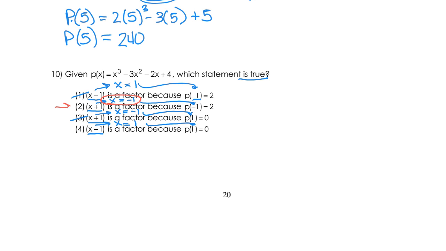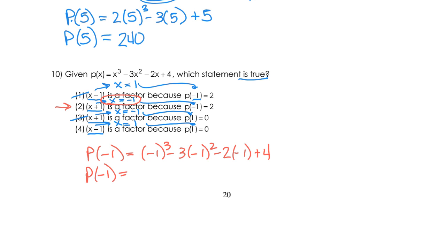So I'm going to check choice 2 first. So if I plug in -1, and I type that all in and I hit enter, I get p of -1 equal to 2.